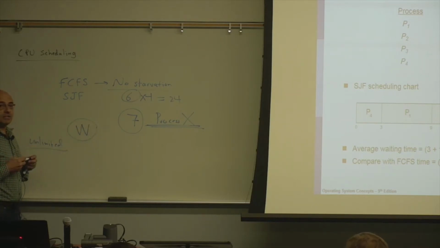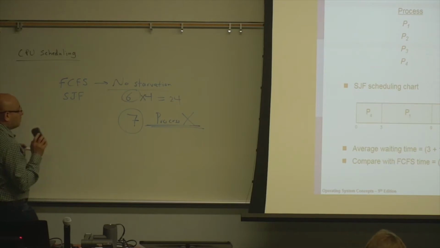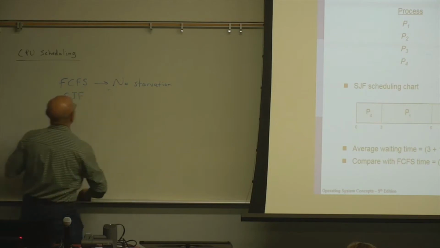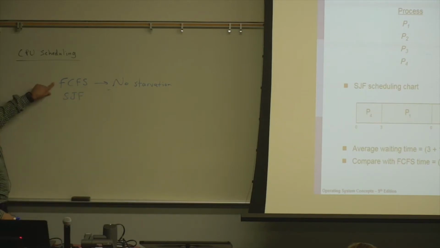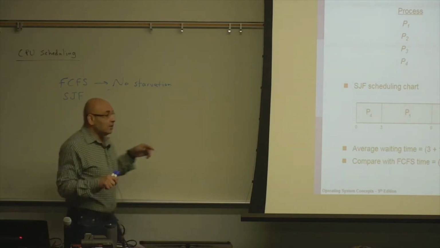This is starvation. Starvation means there is no limit on other processes that are getting access to the resource. With this definition, there is no starvation with first come, first serve, because it's basically queue-based. Whenever you have a first in, first out queue, you will not have starvation.